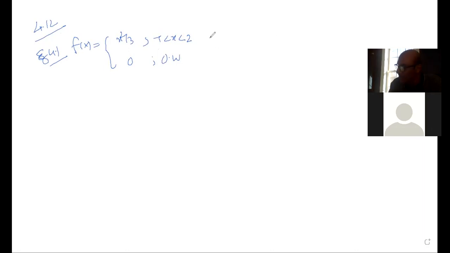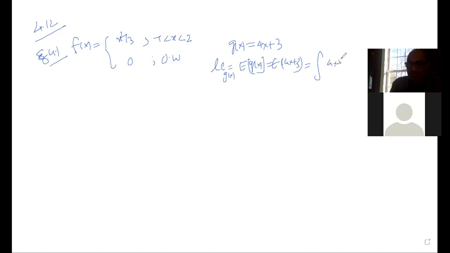G(x) was given to you, that is equal to 4x plus 3. So my expected value nu, the E of g(x), was E of 4x plus 3, which is integration of (4x plus 3) times x square by 3 dx, and the range is negative 1 to 2.